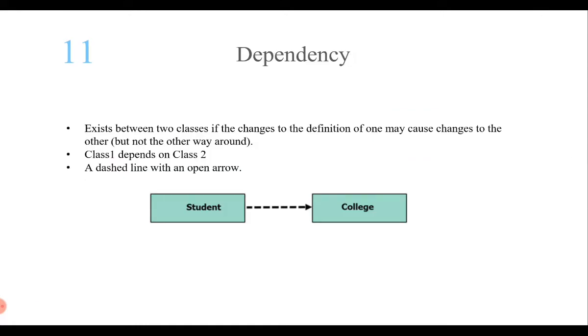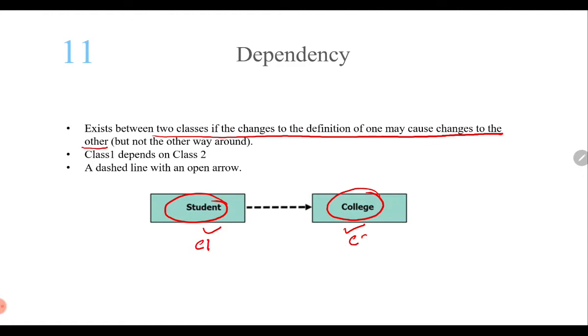One special type of relationship that we represent using a class diagram is dependency, and it exists between two classes if changes to the definition of one may cause changes to the other. For example, student and college. If the college undergoes some changes, the student will definitely reflect that change. So class 1 is dependent on class 2.